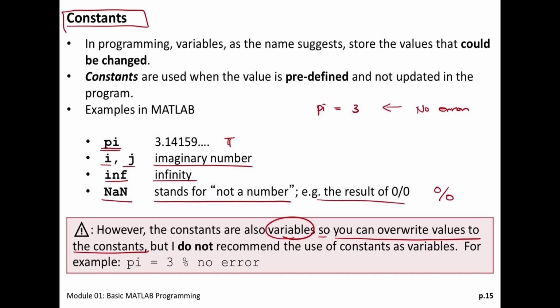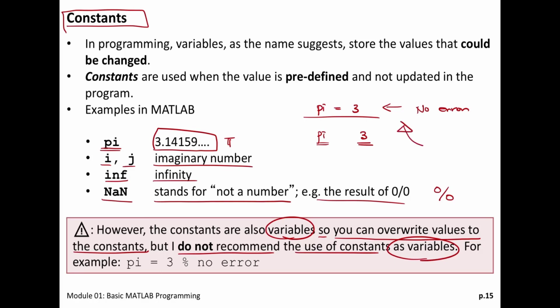Okay? Then you cannot use this pi value that is predefined in MATLAB. Pi is 3 now, after executing this line. But I do not recommend the use of a constant as a variable. Okay? Don't write this kind of script.